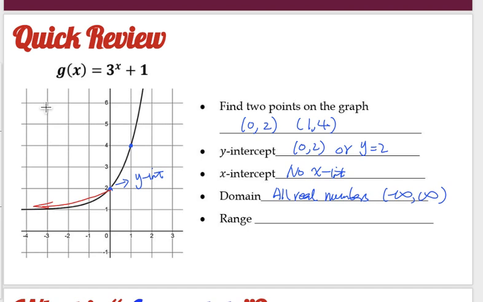So we do not see any graph under this line, which means y only goes beyond 1 and above. So we can present it as y greater than 1, or you can write 1 to positive infinity.